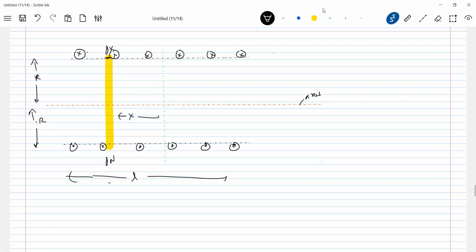So let this strip be at a distance x. Let this be theta, d theta. Let's write the equation for the Biot-Savart law.